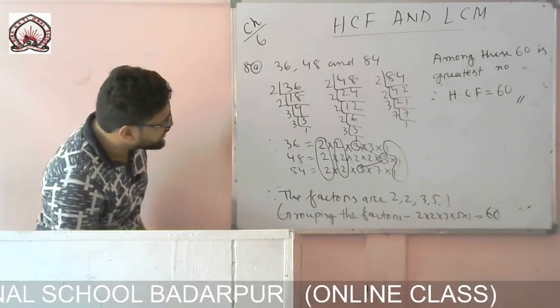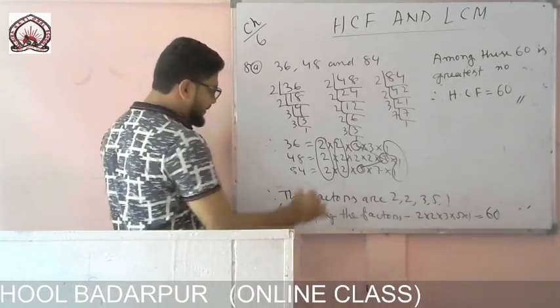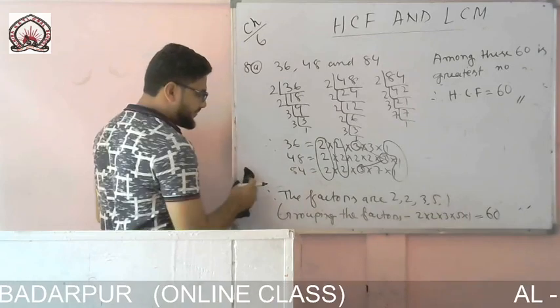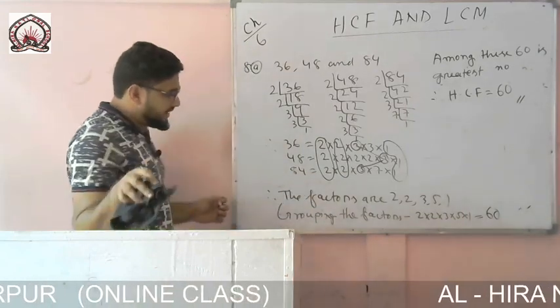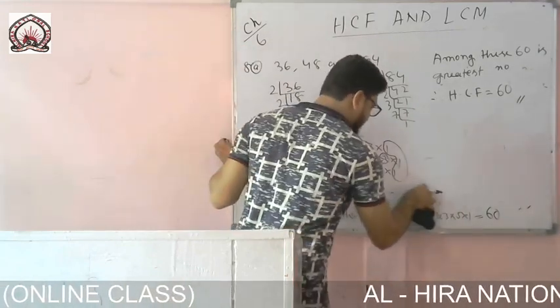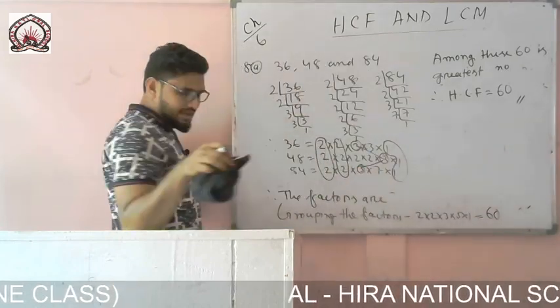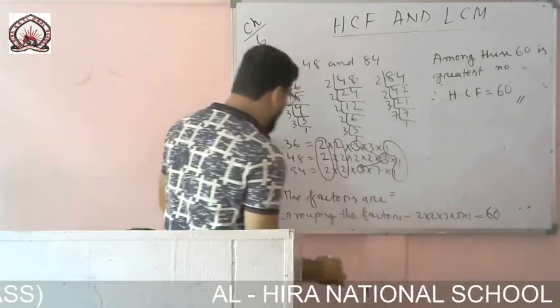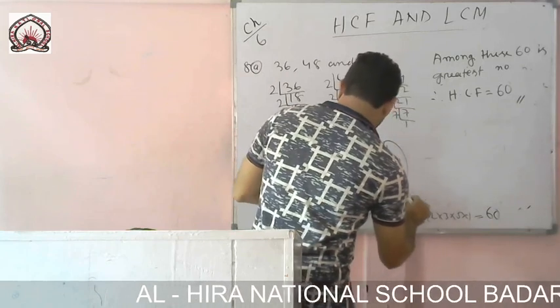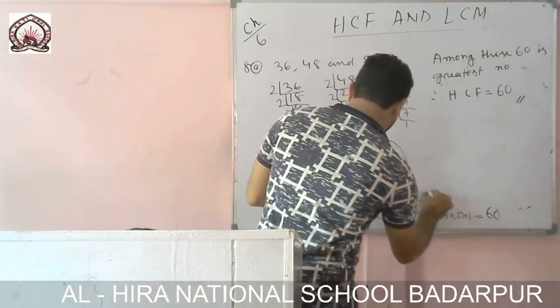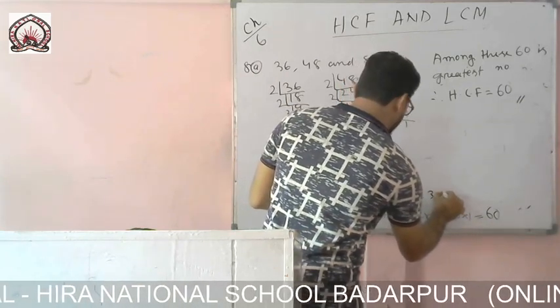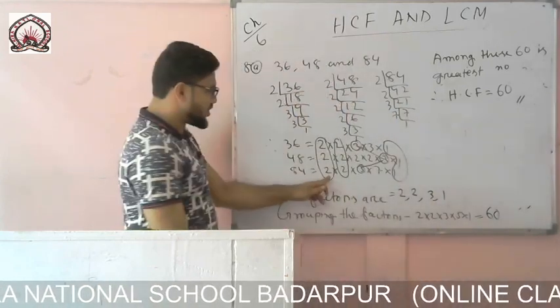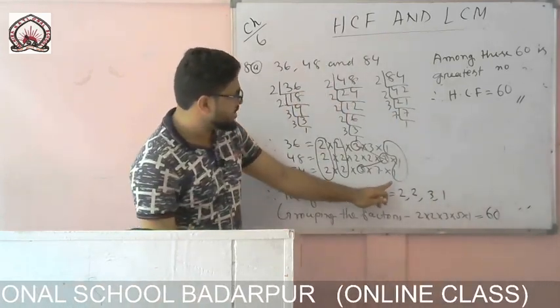Now is there any more? No. Now you write. Therefore the factors are 2, 2, 3, 1.